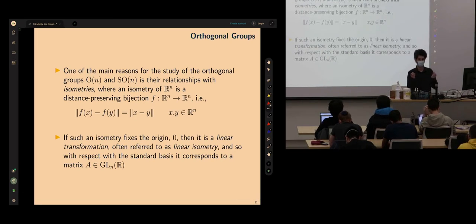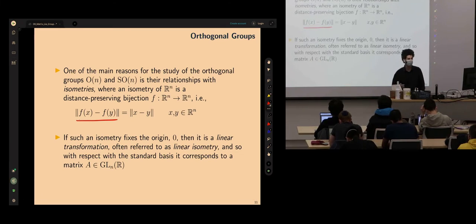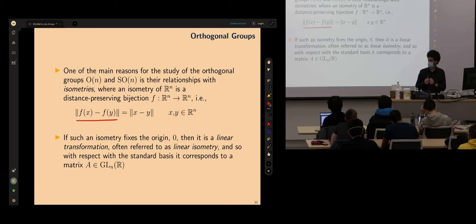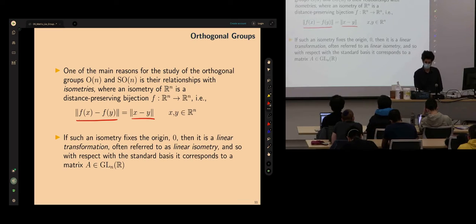You can think about just the usual Euclidean distance. You have 2 points. This transformation takes these points and transforms them into some other points in the space. But when you take the distance of these 2 transformed points, it's the same distance we had before the transformation. This is called an isometry. F is an isometry here.